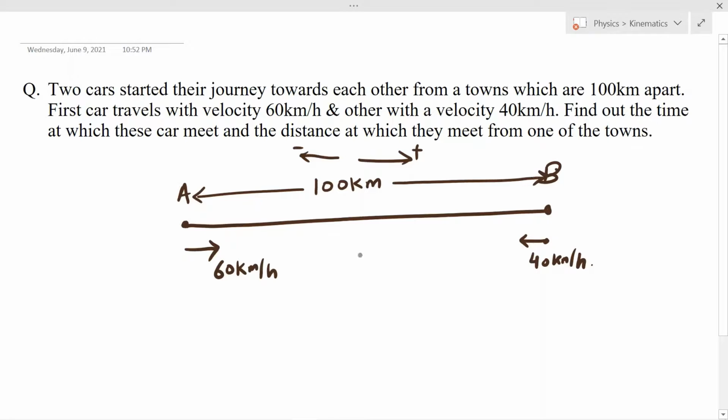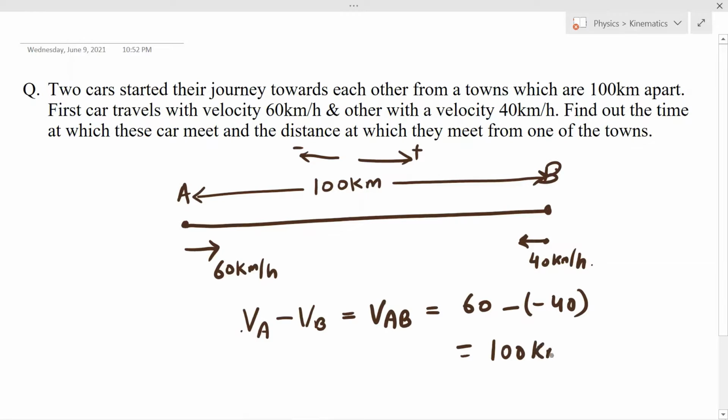In order to meet, let's say, before we solve this, let's find the relative velocity, the velocity of car A minus velocity of car B, that is the velocity of car A with respect to B. So this will be VA, that is 60, minus of minus 40, because this velocity is in the opposite direction to that of A. So this will be 100 kilometer per hour.